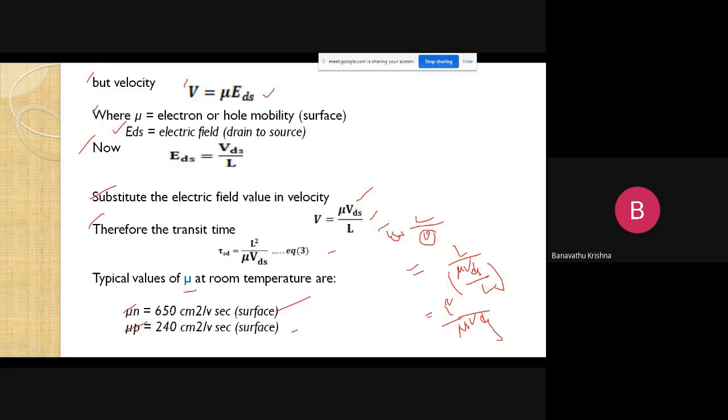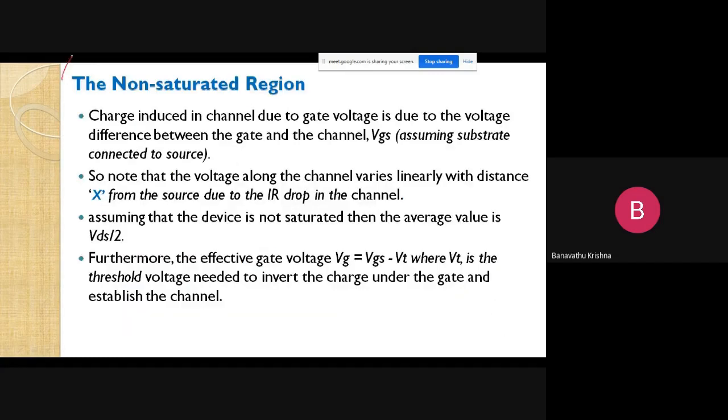Next, we can observe the device is generally in 3 modes: the cutoff mode, the non-saturated mode, and the saturated mode. Non-saturated means it is in the on condition, the active condition, also called the resistive region.